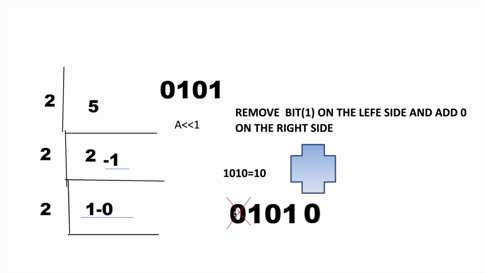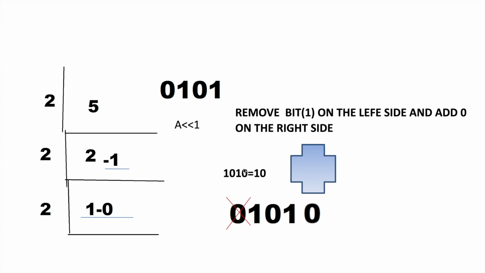Now I add 0 on the right side, the MSB. See, 1010. So my final value after doing the left shift is 1010, which is equal to the decimal number 10. If you convert 10, you will get the binary value 1010.